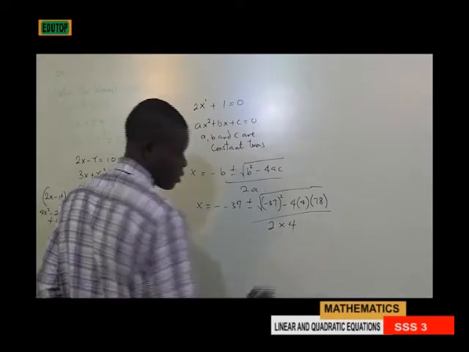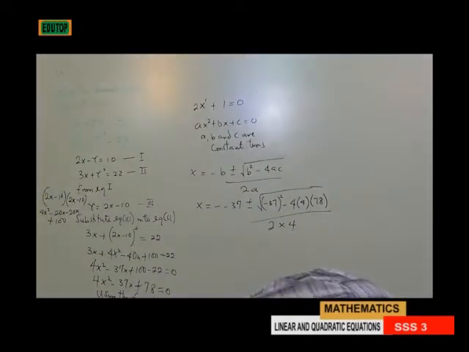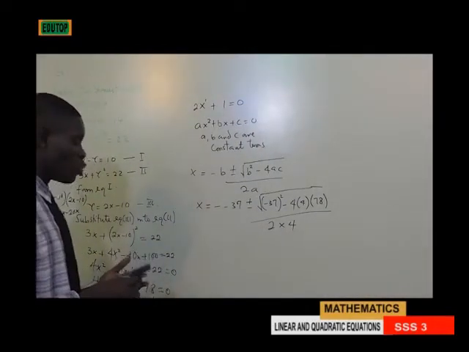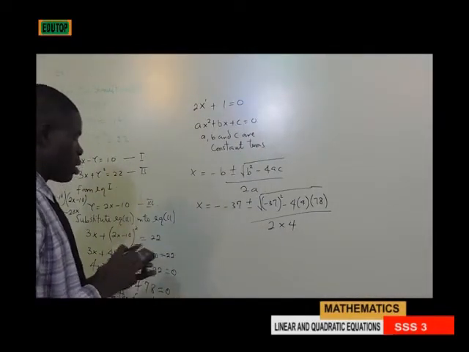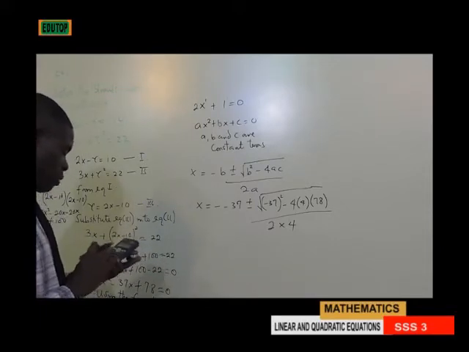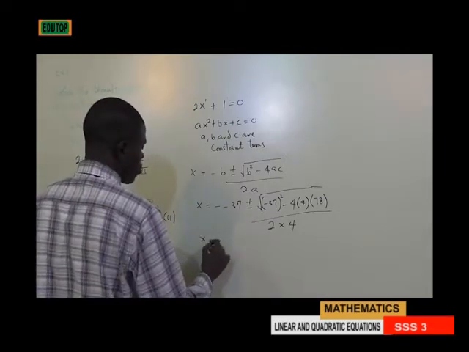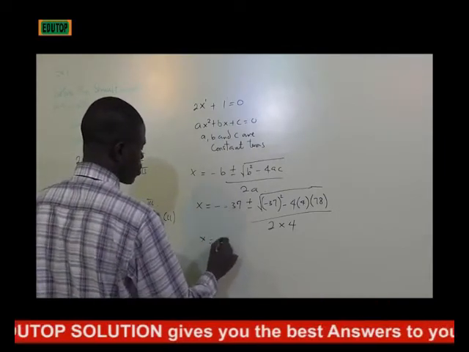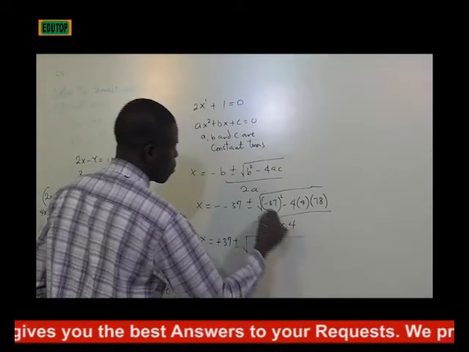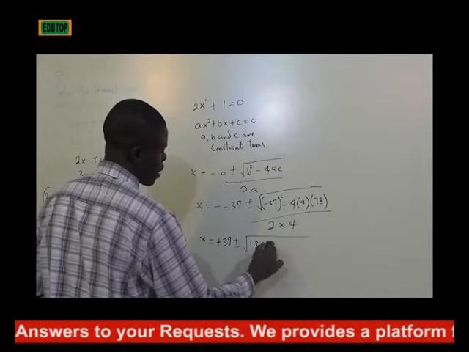What's my A? 4. So by the use of an electronic device, which is a calculator, I can resolve this, and by so doing I'll have minus 37 times minus 37, that's 37 squared. So automatically I will have x equal to minus times minus plus 37 plus or minus the square root of minus 37 squared, which will give me 1369.